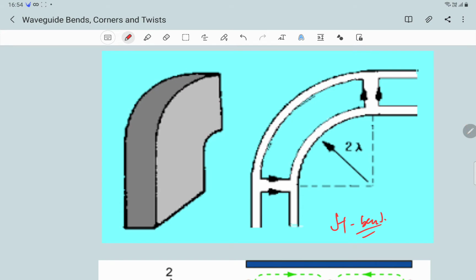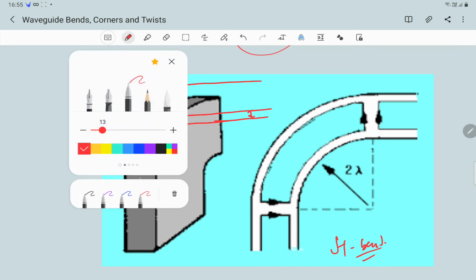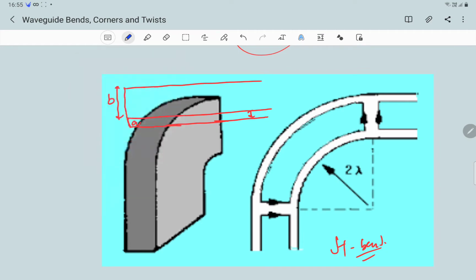As we know, say for example, I have a waveguide. Let us assume this is the top view of a waveguide. This dimension is the narrow dimension, B, and this is the broader dimension, A. Now, as we know, the magnetic field along the length would be something like this. It forms closed paths.